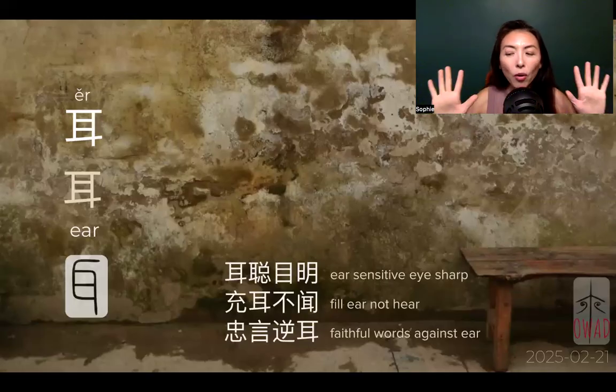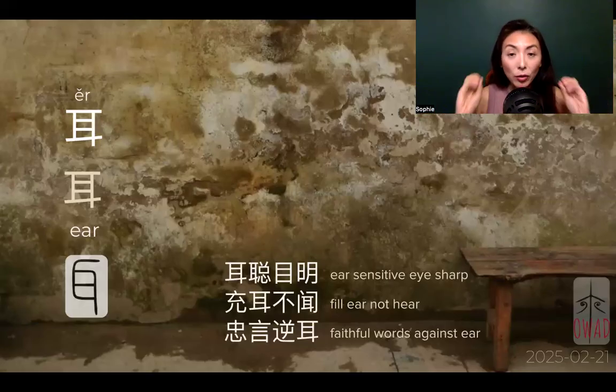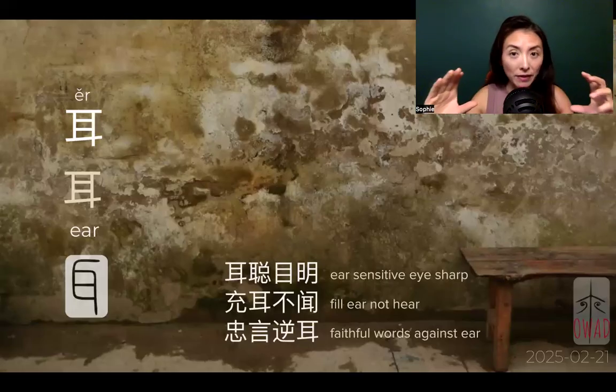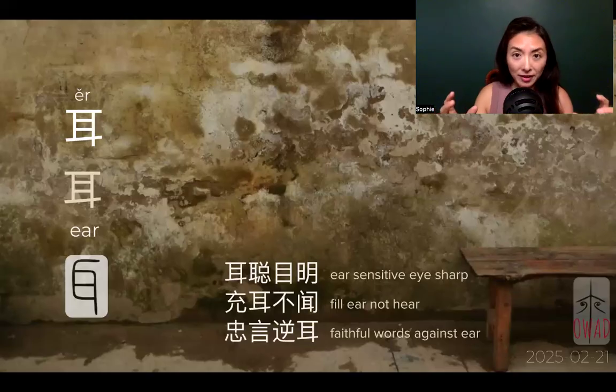You treat all of these sound bites as noises, and you're not taking action on top of it. So it's simply the description of the behavior there. There's no judgment in this expression. Like we didn't say 充耳不闻 serves you or disservices you.